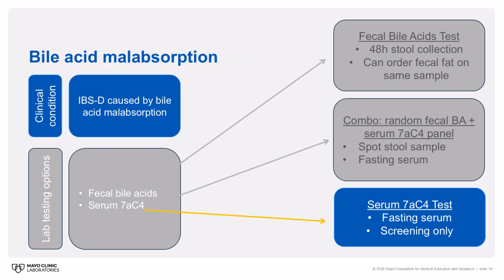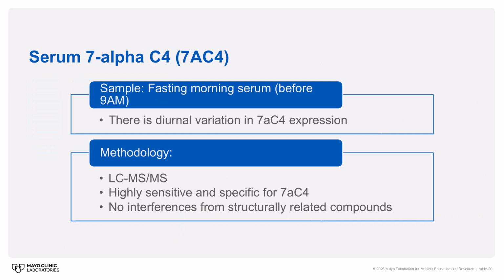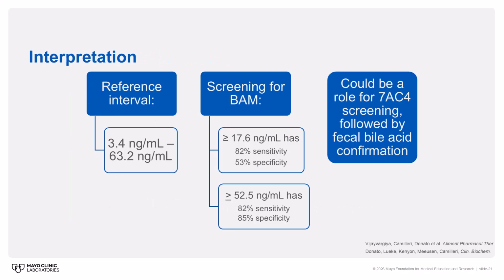The second testing option that's available is the serum 7-alpha-C4 test, where we measure 7-alpha-C4 in a fasting serum sample. The methodology is LC and mass spec, similarly to the bile acid test, which has high sensitivity and specificity for the measurement of only 7-alpha-C4. The reference interval is shown at the top again, but clinical decision limits are usually used for the interpretation of this test.